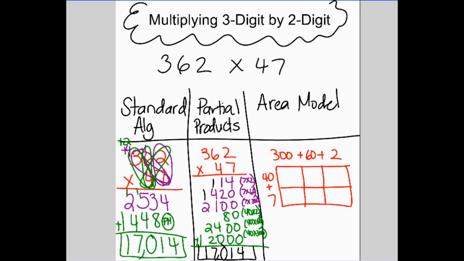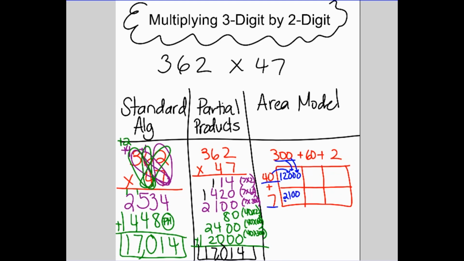All right, so now I'm going to start 300 times 40. That is going to be 3 times 4, which is 12, and then I attach however many zeros I need, which was 3 of them. And then at the bottom, I have 300 times 7, that's 21, and then I bring down my 2 zeros.